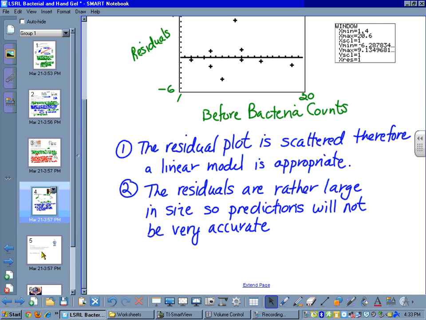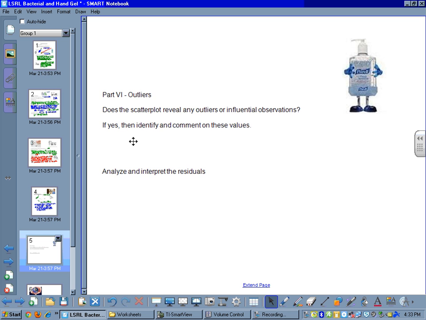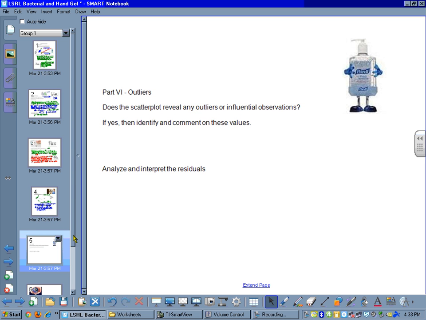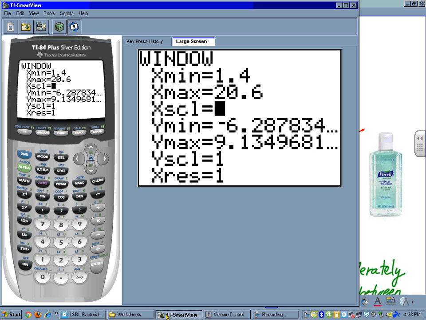So now my last thing before I make my final decisions is to take a look at that nasty, pesky little point that is a huge regression outlier, this one, and that has the highest after count. It's the highest Y, so I think it's this poor soul who has more bacteria on their hands after they use the hand sanitizer than before.